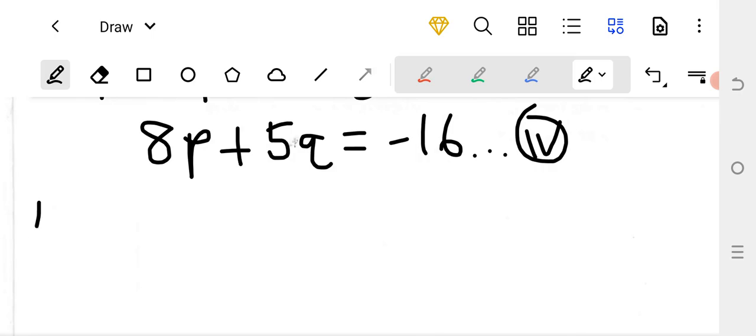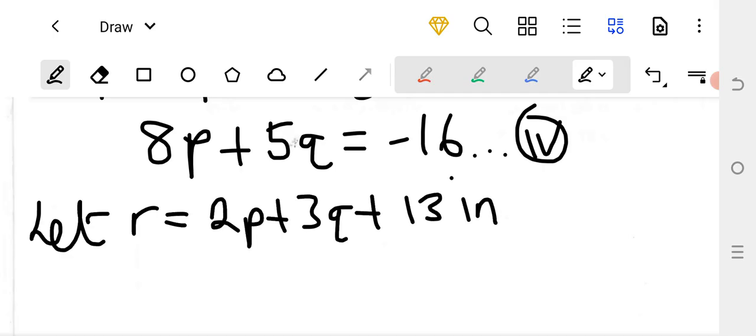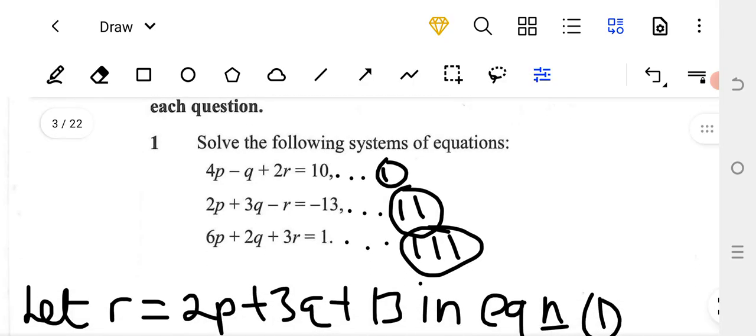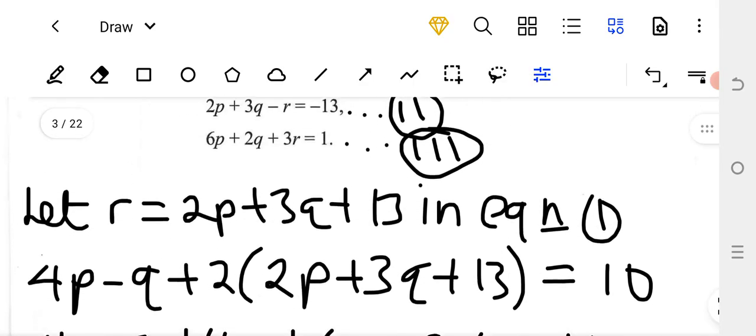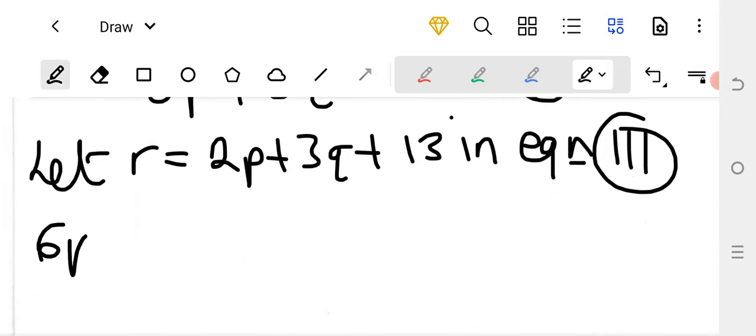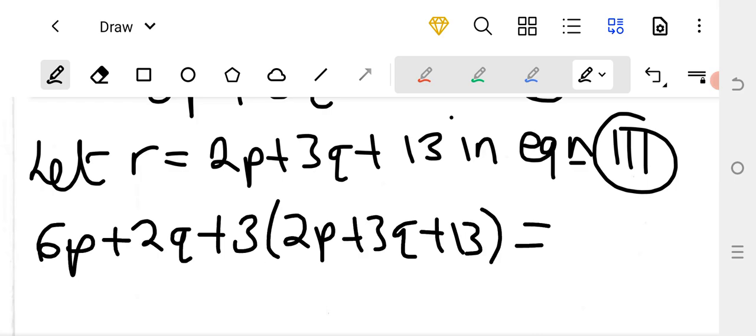You write the statement again. Let R be equal to 2p plus 3q plus 13, this time in equation 3. So in our equation 3, we're going to have 6p plus 2q plus 3r, so 6p plus 2q plus 3 times 2p plus 3q plus 13 is equal to 1.